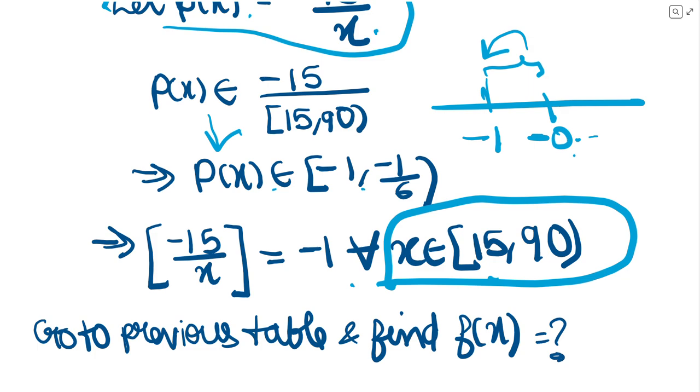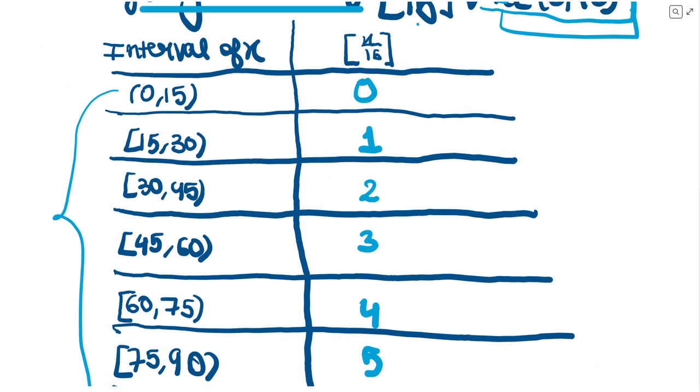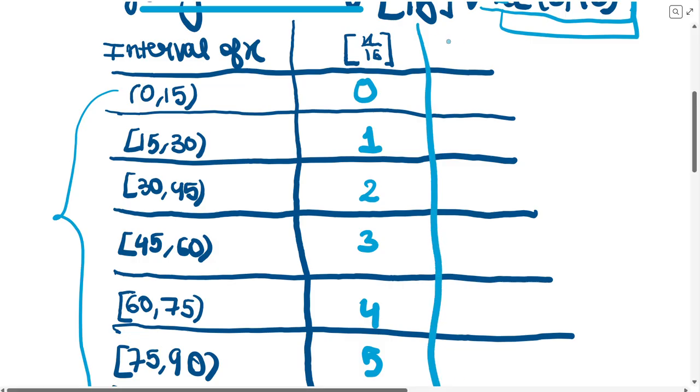All right. So now we are still not done. We have checked the behavior of both x by 15 and minus 15 by x, applied the greatest integer function to them, right? So now we need to find the value of fx. We have already defined the intervals here, and we already know the behavior of minus 15 by x, right? So now we'll find the function. We know that this is 0, right?